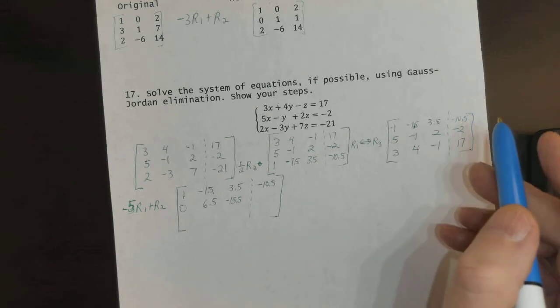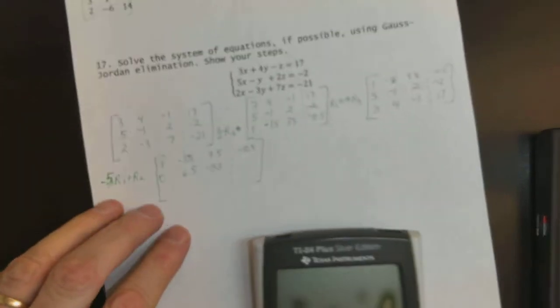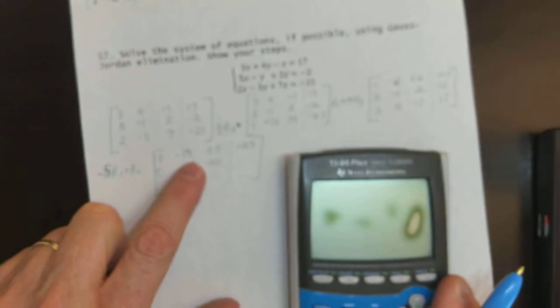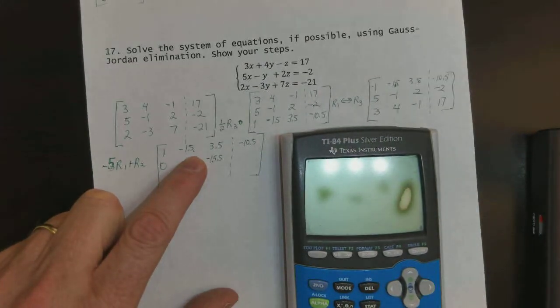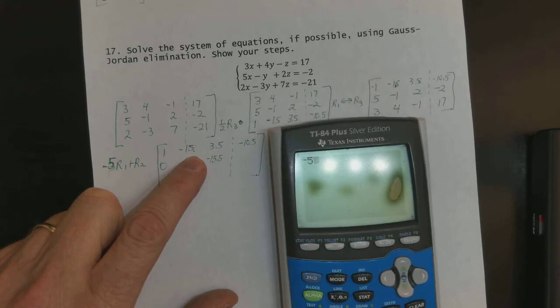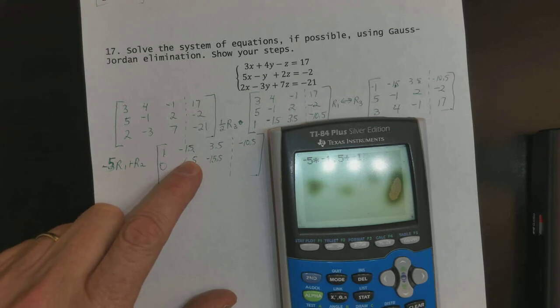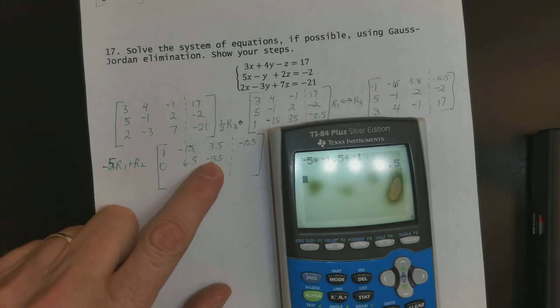And negative 5 times 10.5, you know what, I'm going to check these real quick because I don't want to goof this up. So negative 5 times negative 1.5 plus negative 1, okay, that is 6.5.